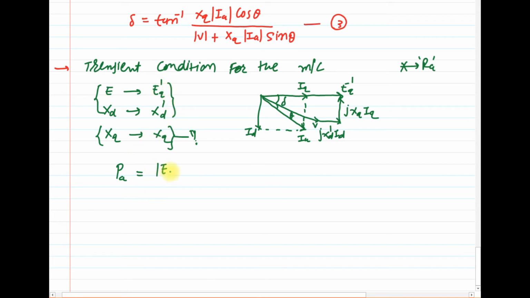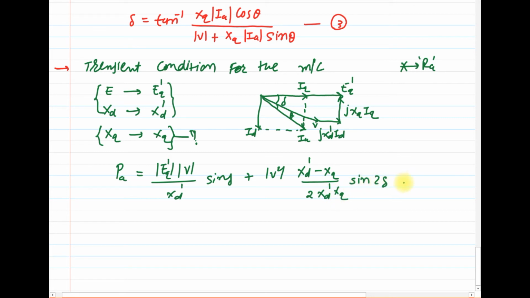It is the same equation, but the only change is EQ dash V divided by XD dash sine delta plus V square into XD dash minus XQ divided by 2 XD dash XQ into sine 2 delta.